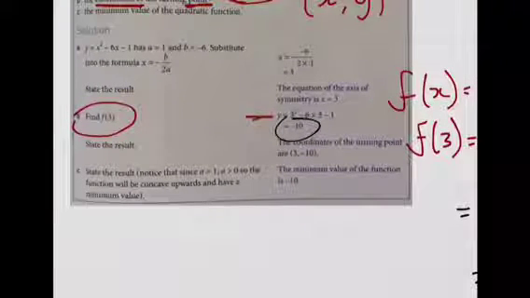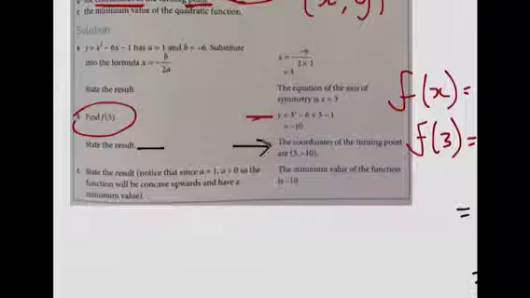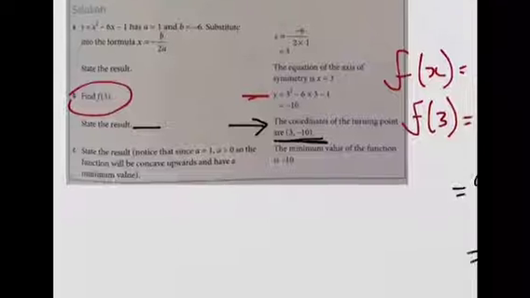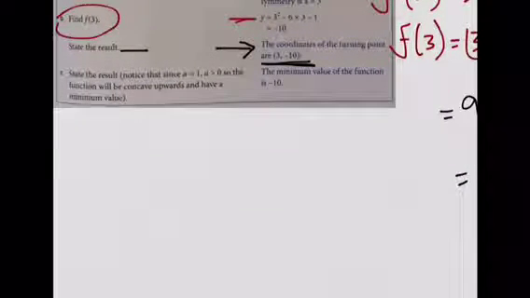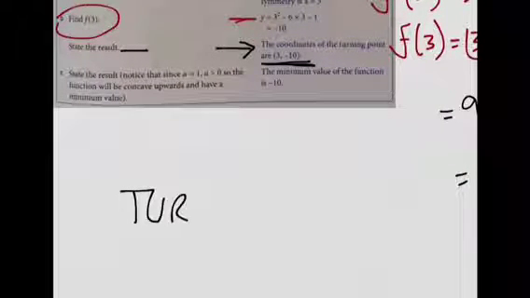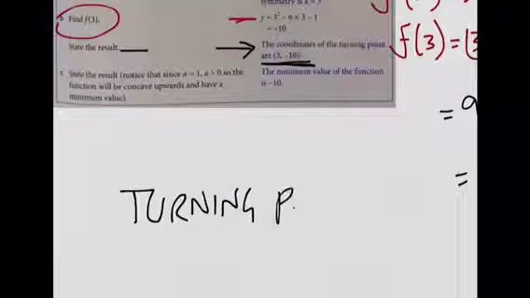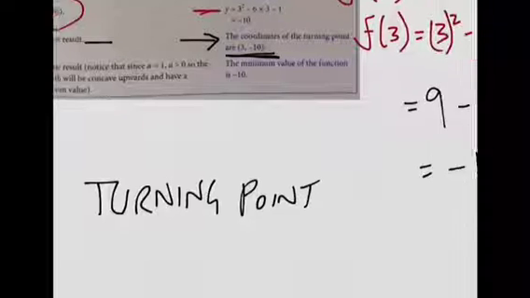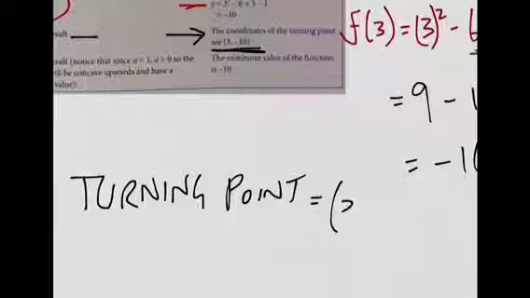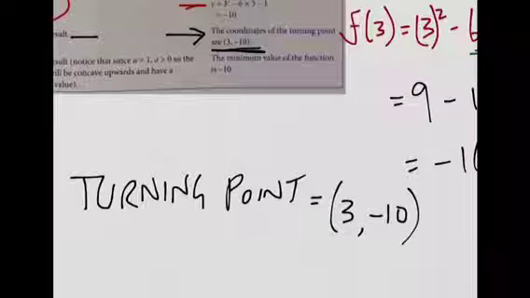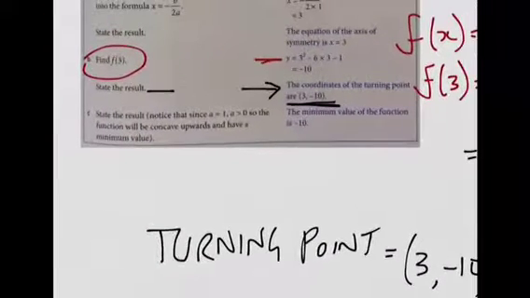And that's what they've got, and they've actually again said state the result, and here they've written the coordinates of the turning point are, they've written it as a point, (3, negative 10). You could also write turning point equals (3, negative 10) if you're rushing and you don't want to write so many words.